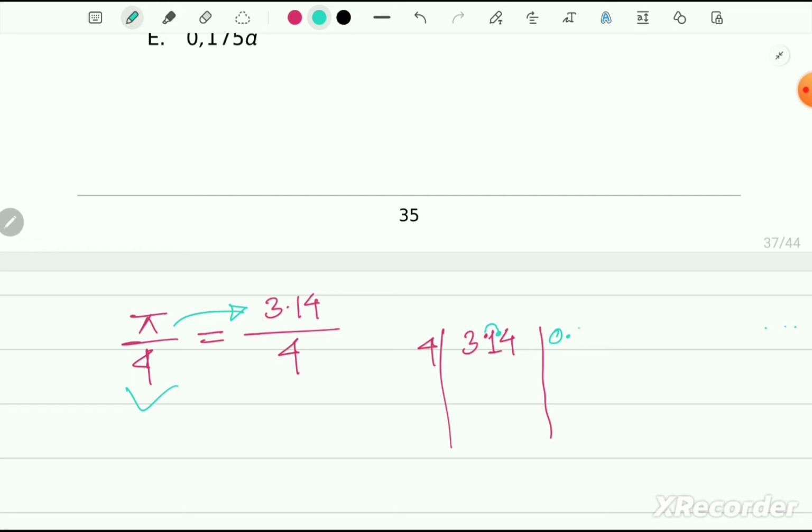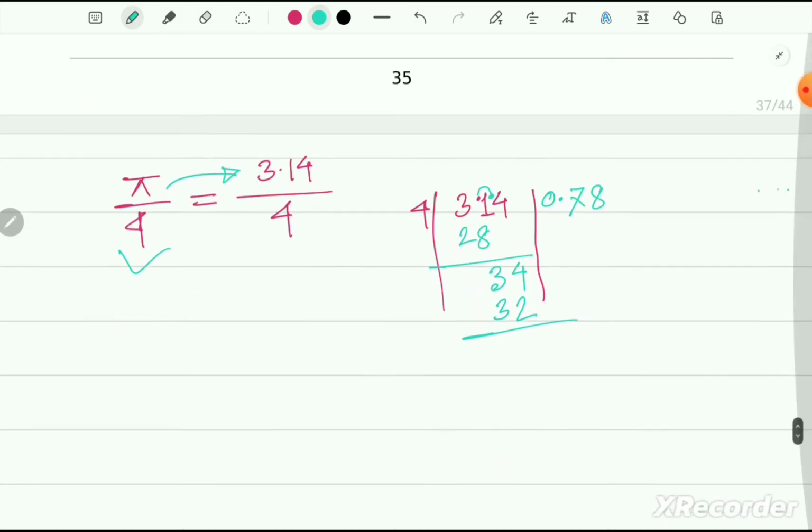So 7, 4 multiplies 7, 28. We have 3 on our hand, then we can bring 4 from up, then we can do it like this way.